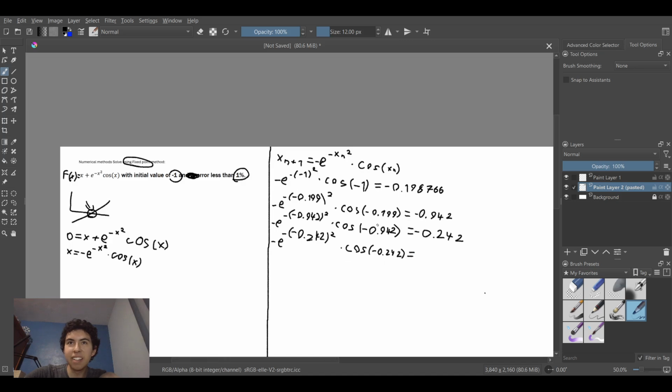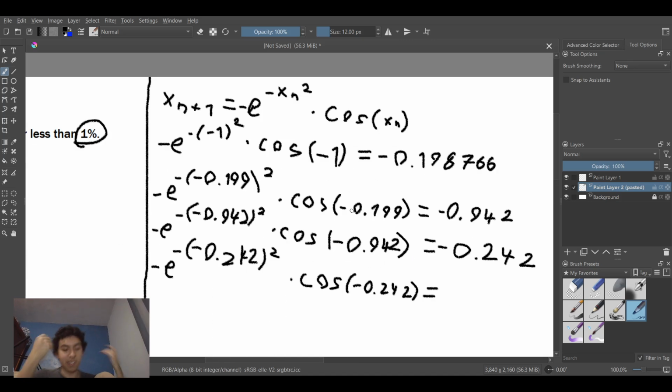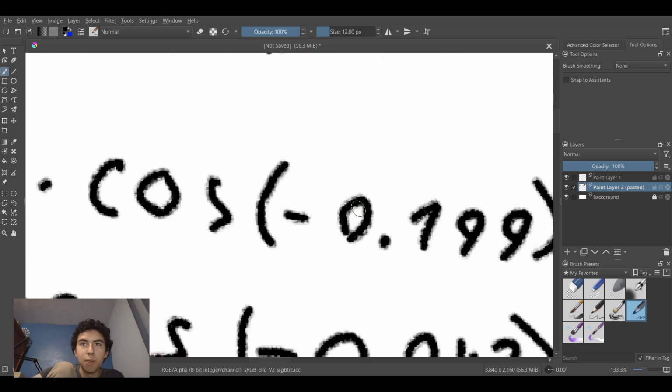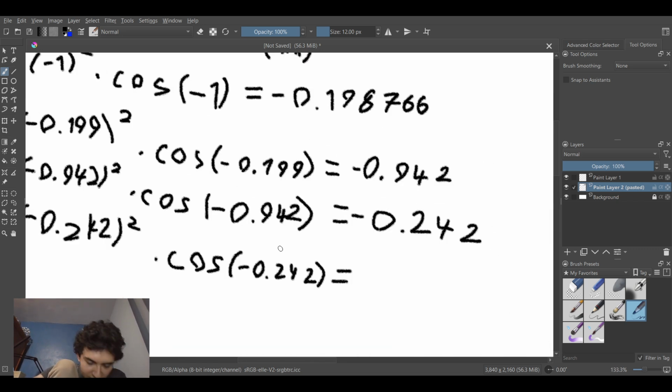I didn't like the numerical methods exam. It's so long. It would be fine if it was with Excel, where you plug in the thing and it does it on its own, but no, I have to do it on paper. But it's fine, we'll just do it. This is going to be a long one. Oh god, okay.